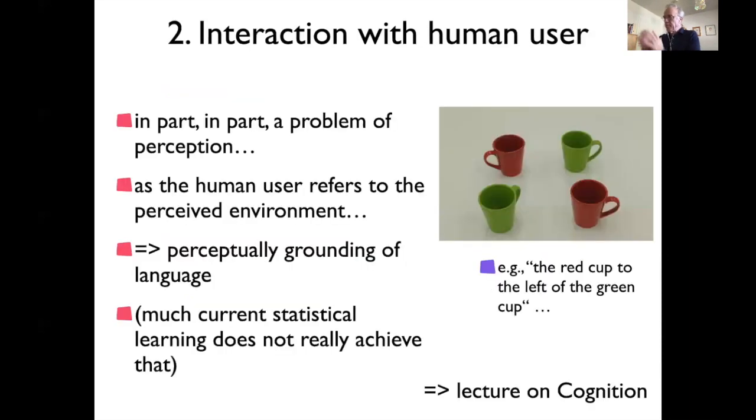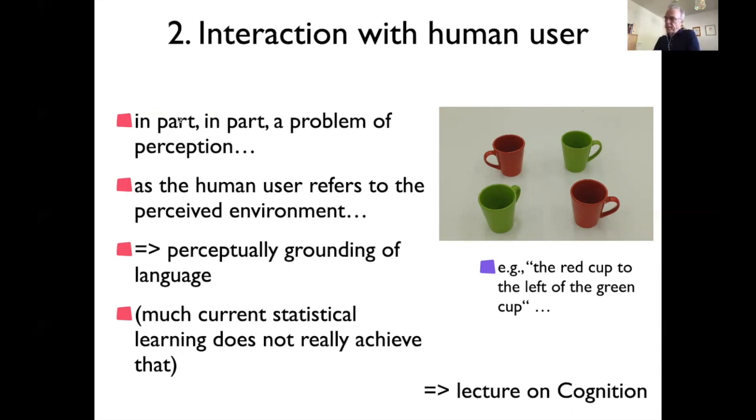Okay, I don't want to go too deeply into that. I'll mention that interacting with a human user overlaps in part with the problem of perception, in the sense that when the user interacts with the robot, it interacts about that shared environment and refers to the environment, for instance, by language or pointing or other things like that.